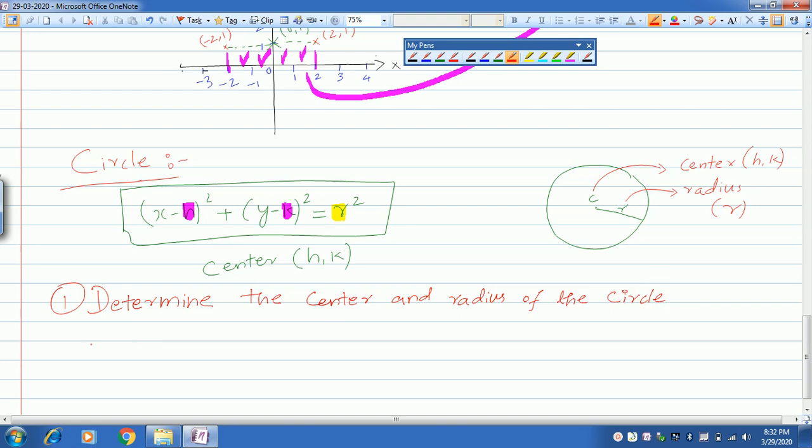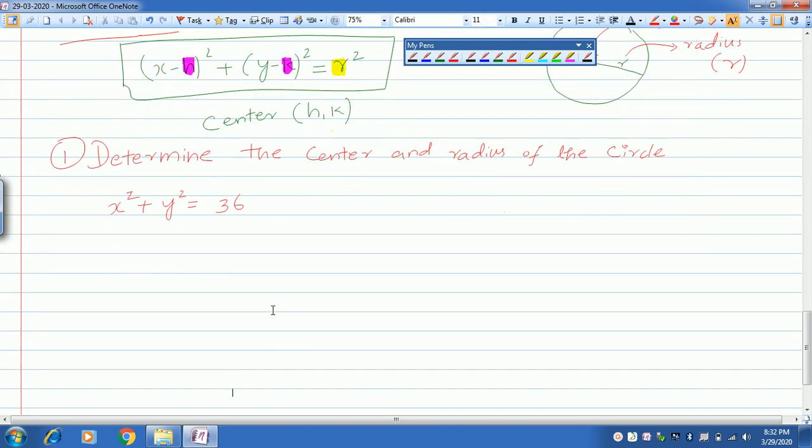What is the first one? It is given x square plus y square is equal to 36. First I have to write this in the standard form. x can be written as x minus 0 whole square, y can be written as y minus 0 whole square, and 36 I can write as 6 square.